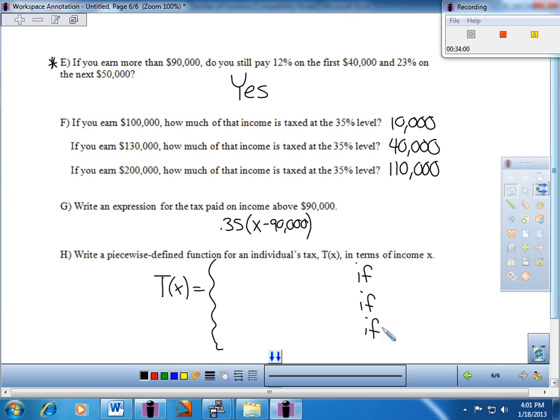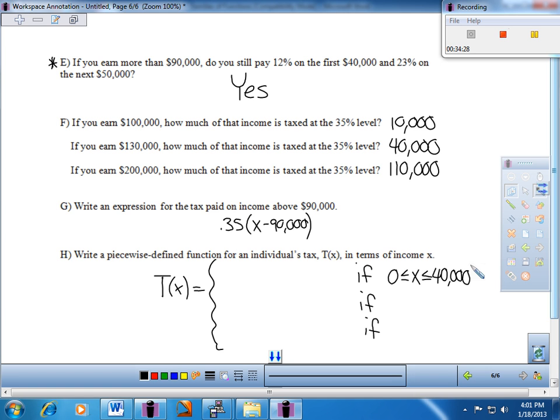Excellent. Now let's talk about that. Let's talk about our domain intervals, which would be our income intervals. And I hope you would agree there's one way to calculate a tax if we make between 0 and up to and including $40,000. That first $40,000 is taxed a particular way. Okay.